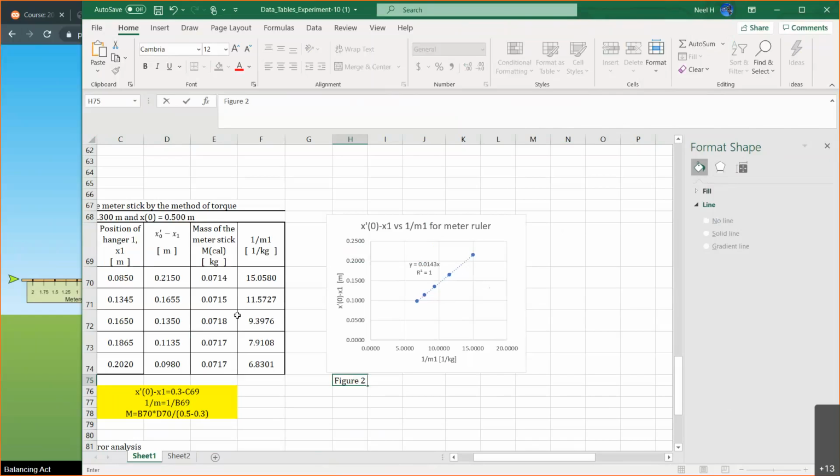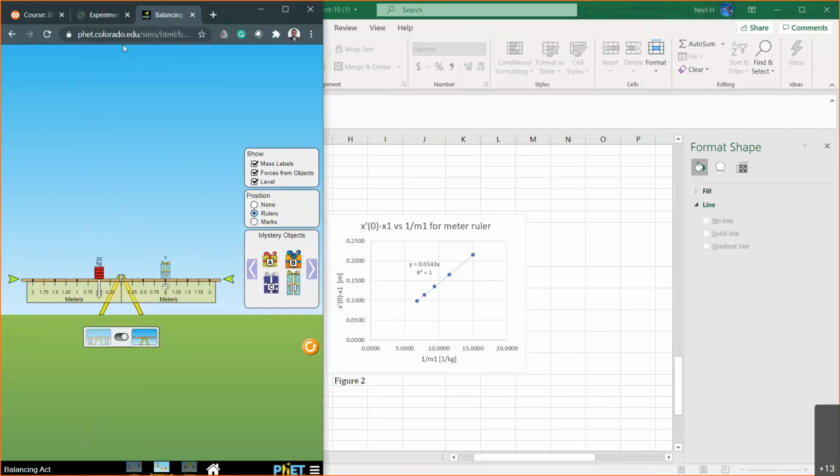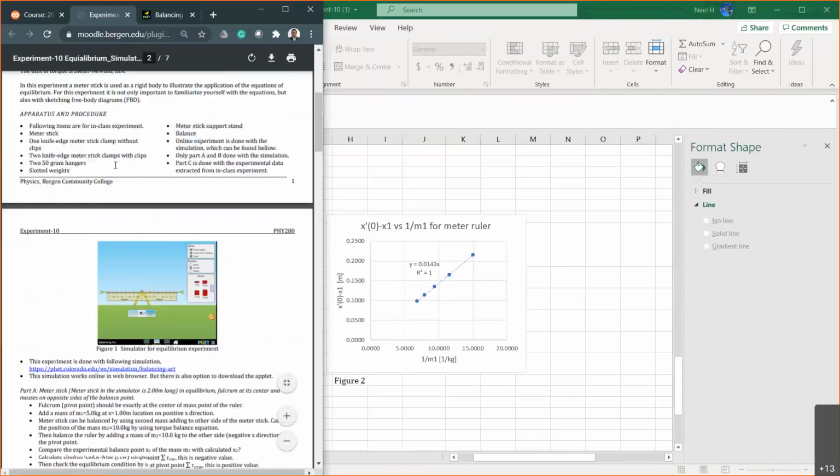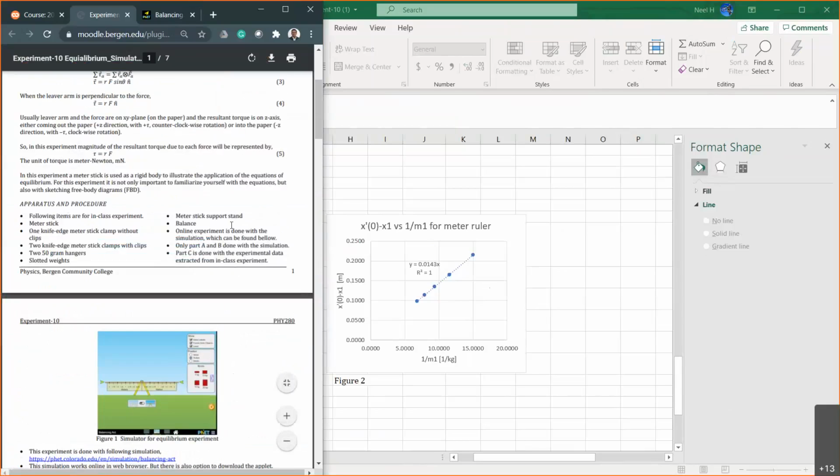Since we're not really doing the in-class experiment, you don't need to worry about the in-class diagram, or the picture we usually take of our apparatus after we set it up. So you don't need to worry about those things. You can just briefly mention them, because I think in your lab manual I left all the apparatus needed for the in-person setting.